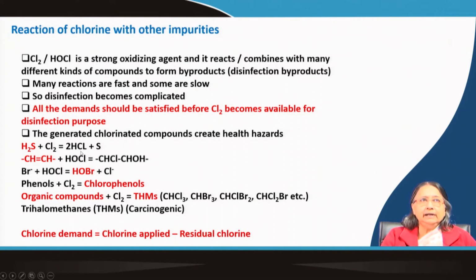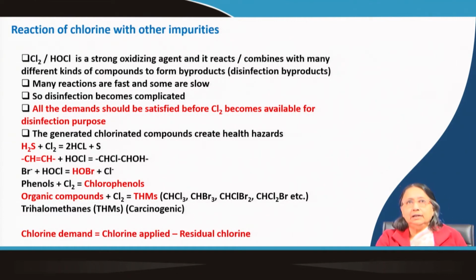And then there may be some compounds containing double bonds, unsaturated compounds. In an addition reaction, we know that in a double bond something can be added. So, HOCl can be added to the double bond, forming this compound.